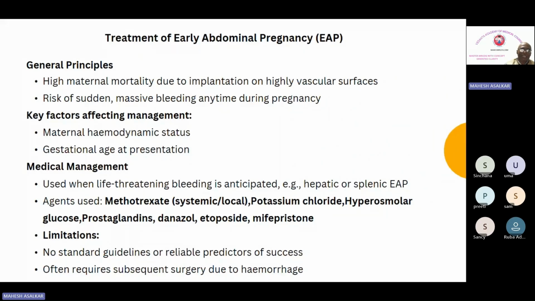The agents used are methotrexate, which may be systemic or local, then KCl, hyperosmolar glucose, prostaglandins, danazol, etoposide, mifepristone, etc. What are the limitations? There are no standard guidelines or reliable predictors for success, and it often requires subsequent surgery due to hemorrhage.